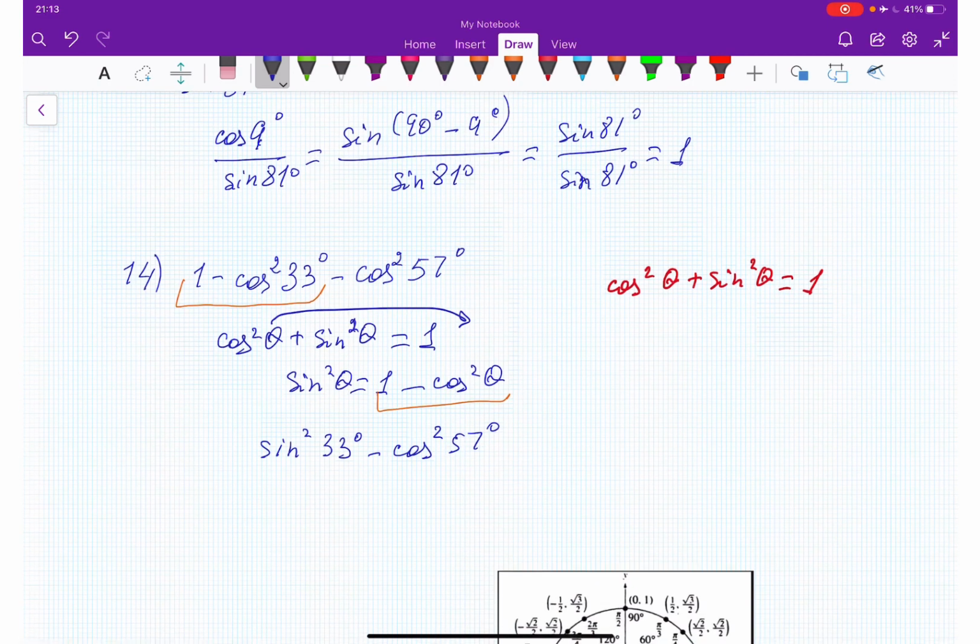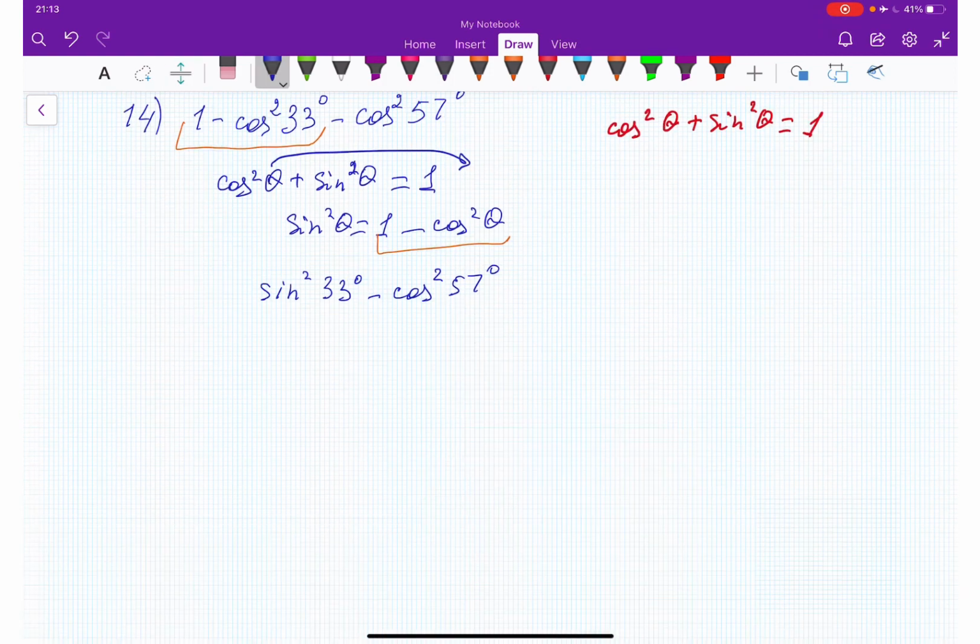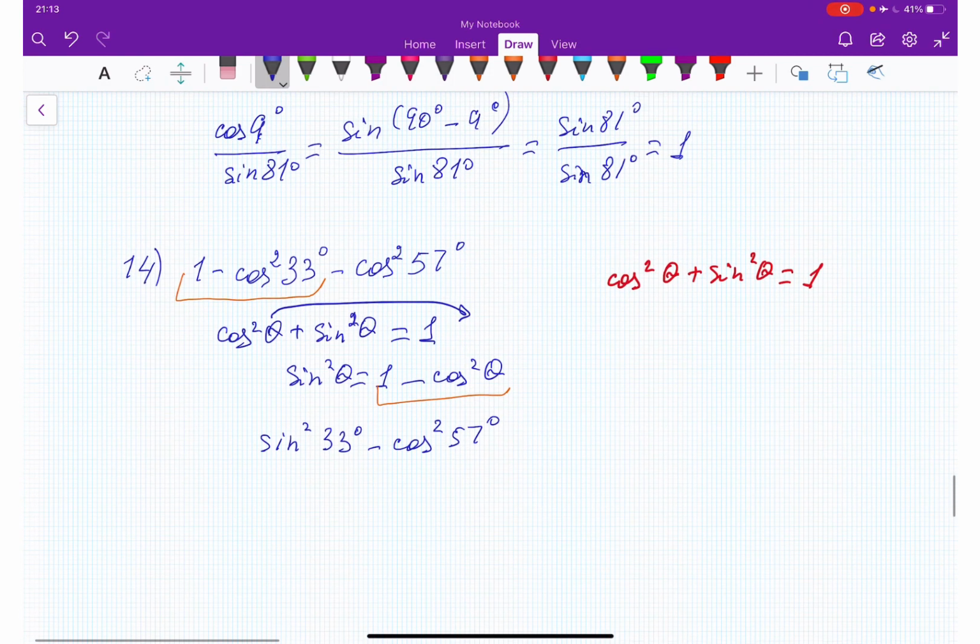And that is going to be cosine squared of 90 degrees minus 33 degrees, minus cosine squared 57 degrees.